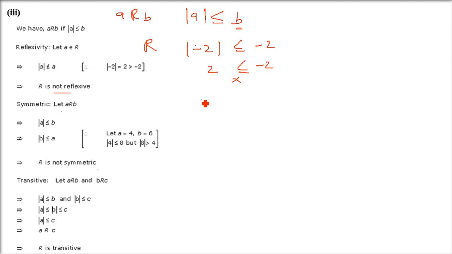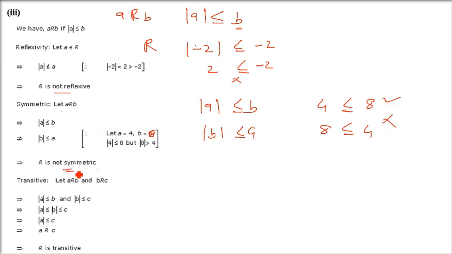Now symmetric. If mod A is less than or equal to B, mod B should also be less than or equal to A. Again, we'll take an example. Let us take A as 4, B as 8. So 4 is less than or equal to 8. Let us see 8: the modulus of 8 is 8 only. Is it less than or equal to 4? No. So the first is correct, the second is wrong. So it is not symmetric.